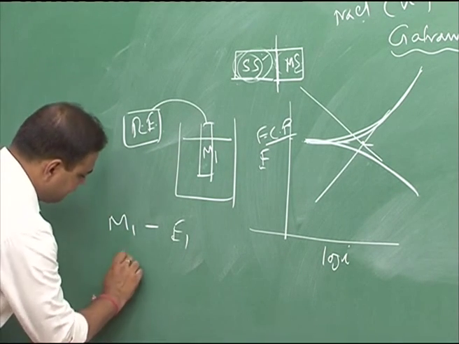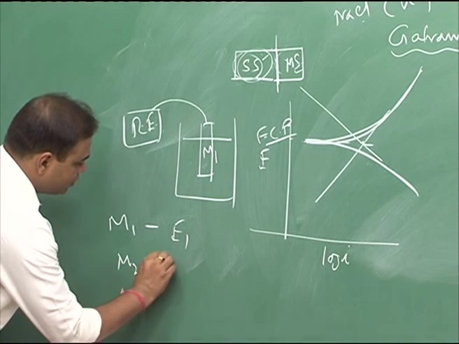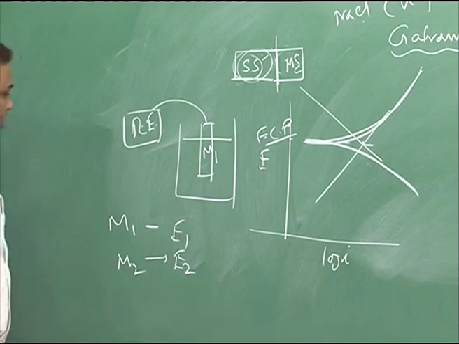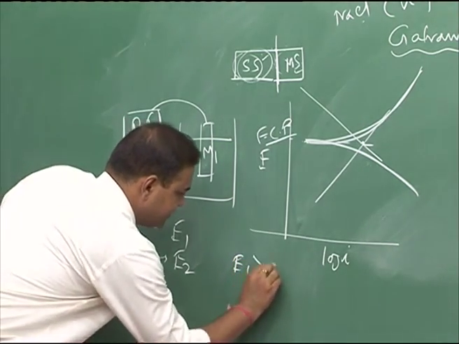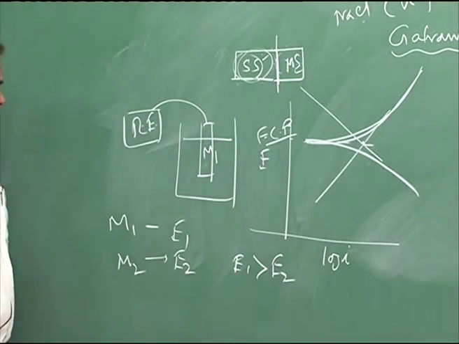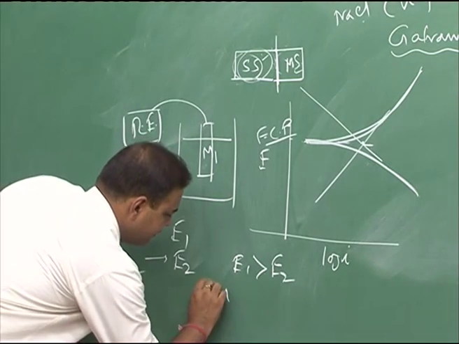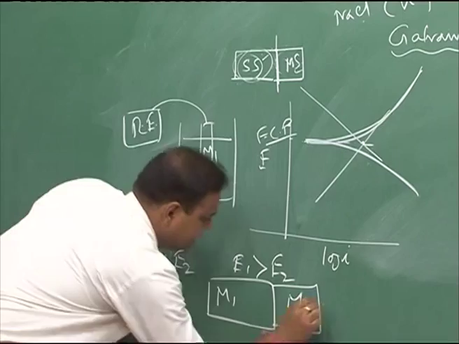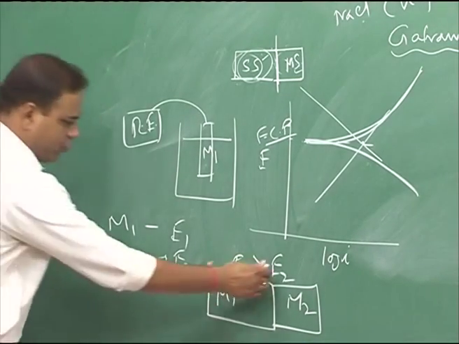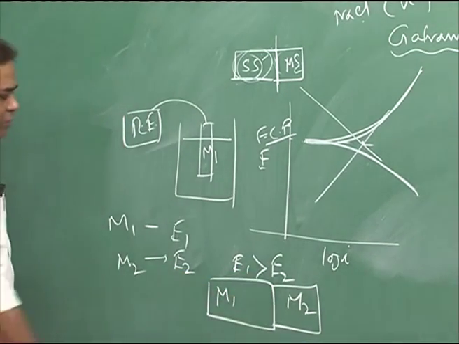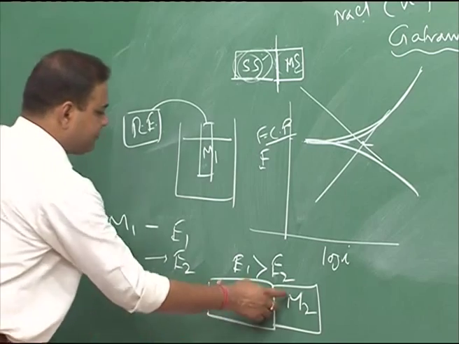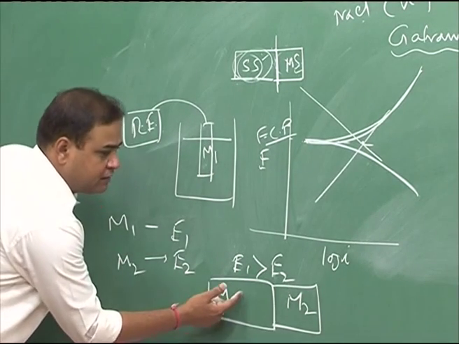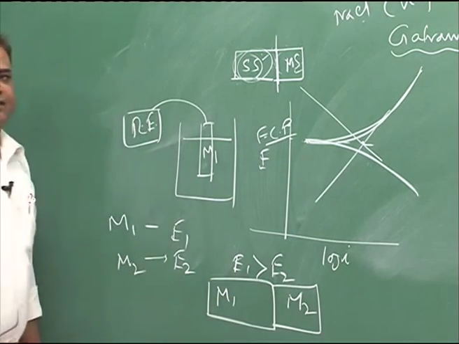Now, for another metal M2, the free corrosion potential is E2. Now, if E1 is greater than E2, and this two metal part M1 and M2 is connected, welded or brazed at this point, and then exposed to seawater, then M1 will act as cathode and M2 will act as anode.